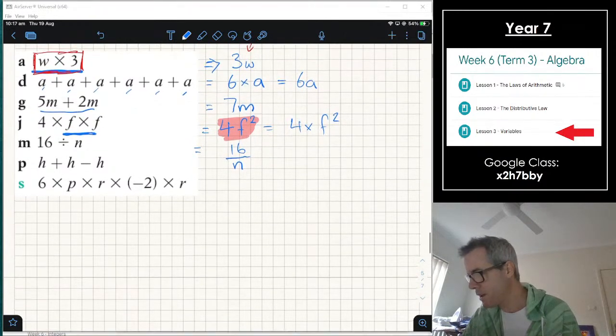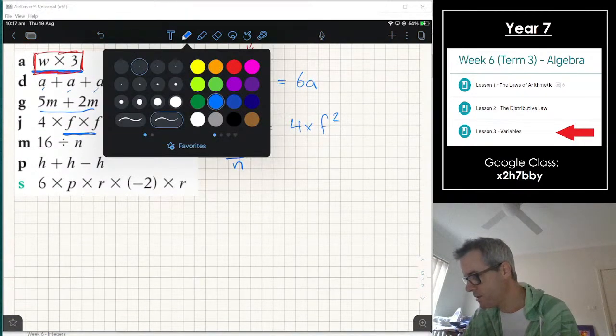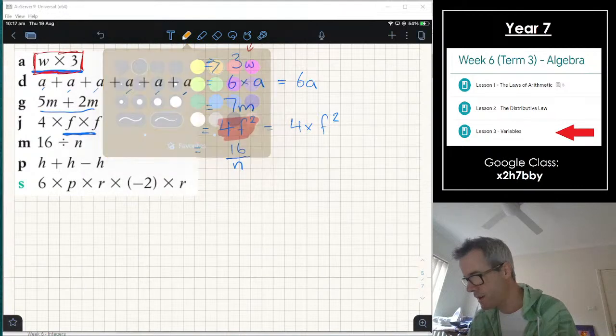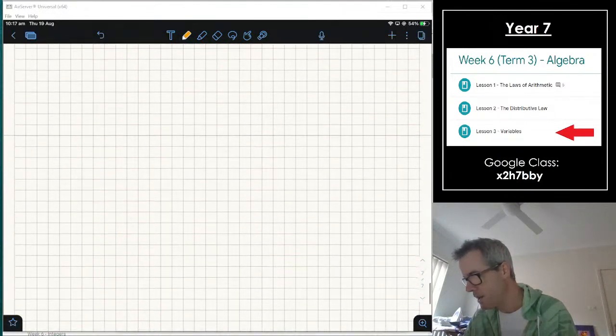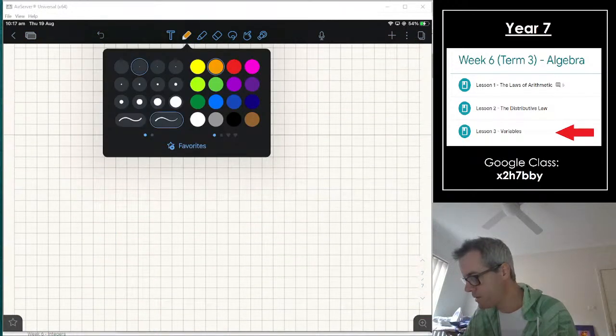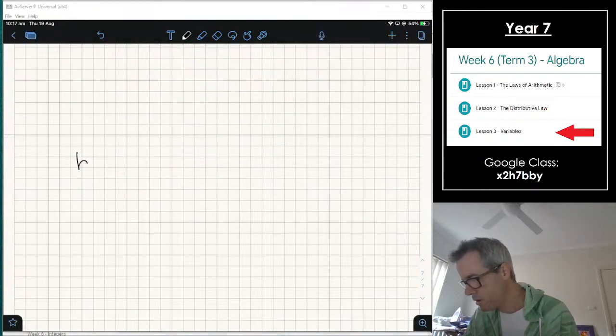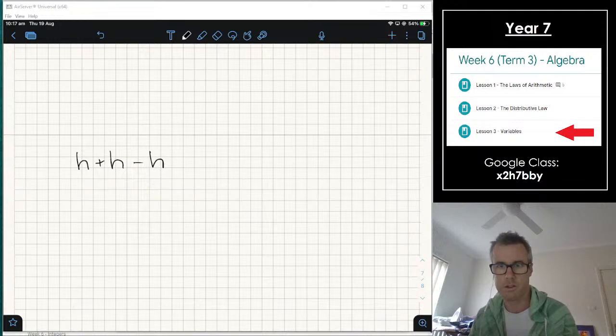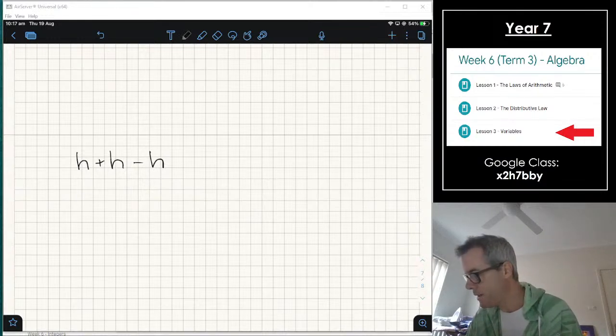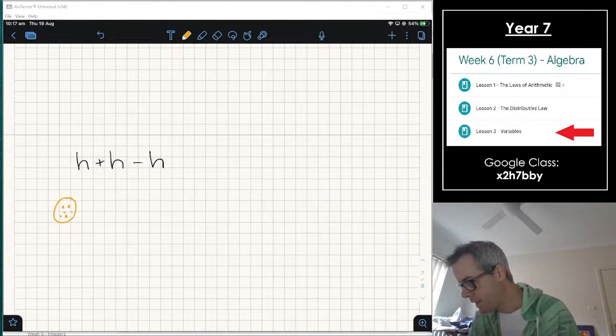Now, I'm going to go back to our apples, but this time let's do oranges instead, right? My question says that I have H plus H minus H. Let's look at this visually. I'm going to draw one orange, like so. I am then going to add another orange over here.